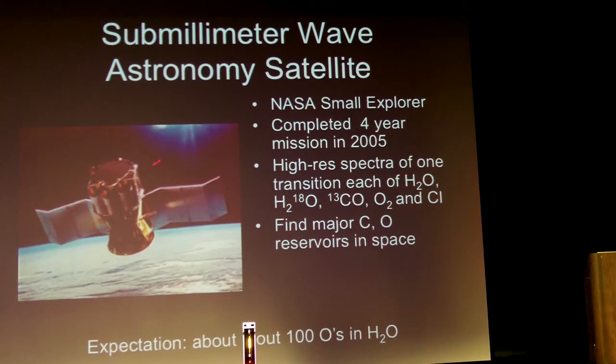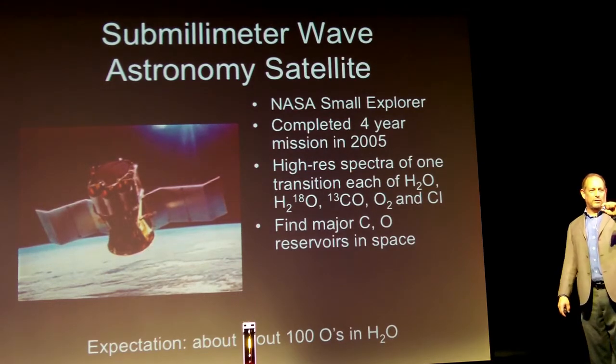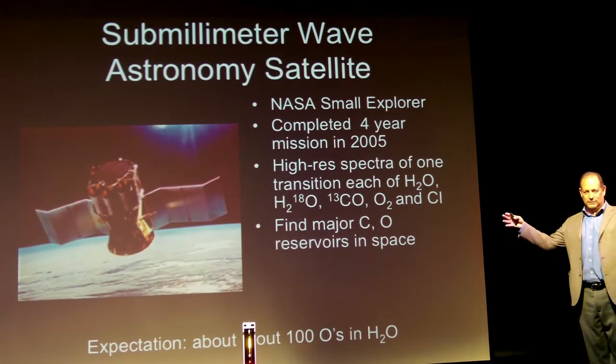Now, soon thereafter, there was a small NASA satellite called the Submillimeter Wave Astronomy Satellite, and it also had a big, wide field of view, not particularly good for zooming in on particular locations, but its job was to measure the water content in not an individual star-forming region, but in big clouds.